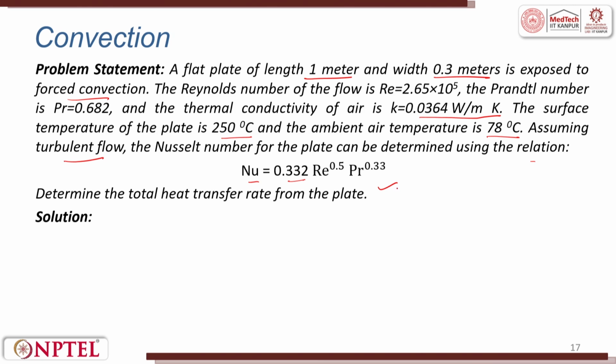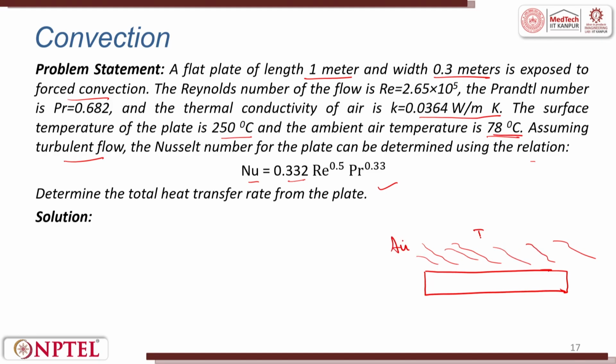Now here we need to calculate these numbers, and to calculate these numbers there is a relationship given to calculate the Nusselt number. What we have here is a plate over which air is being blown. This air is being blown here. This is air at temperature 78 degrees centigrade, and the temperature of the plate is 250 degree centigrade.